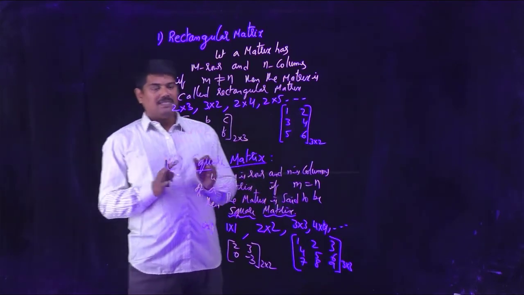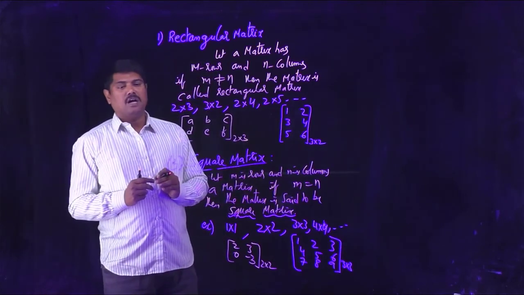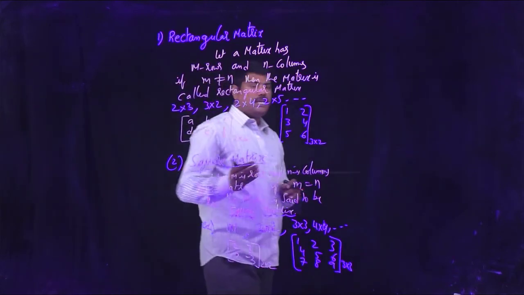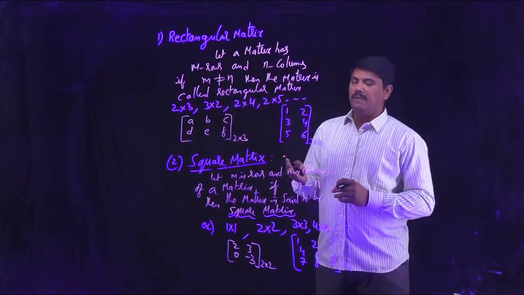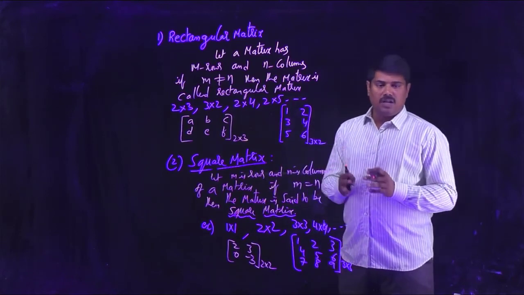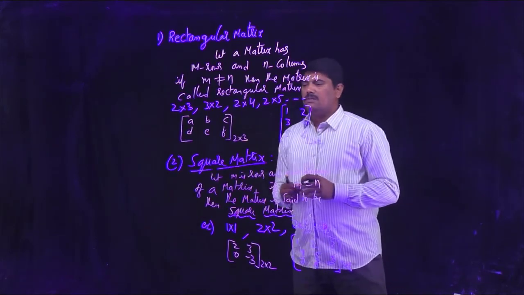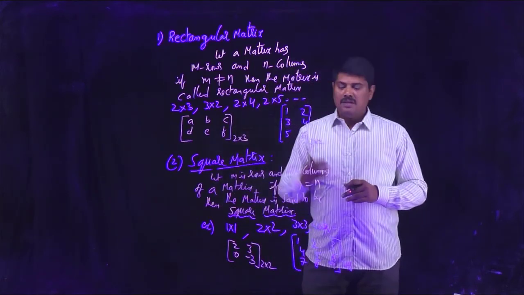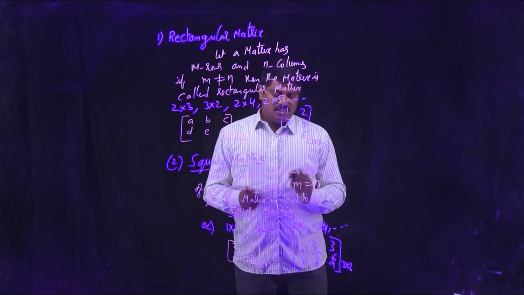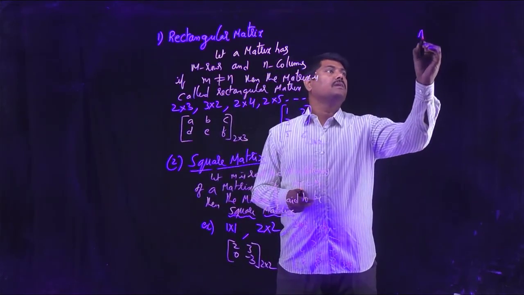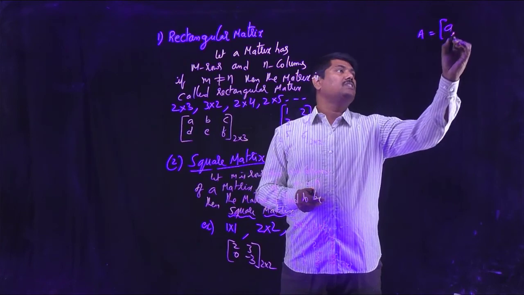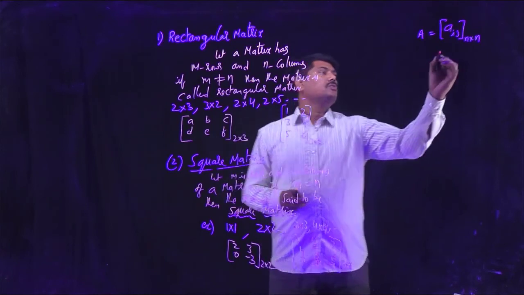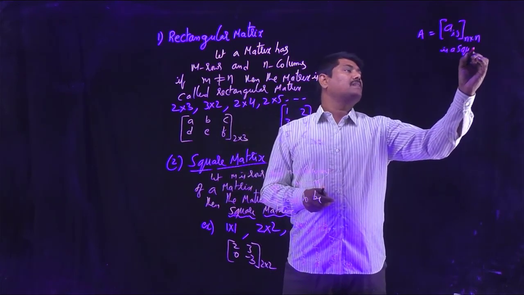A square matrix indicates the number of rows is equal to the number of columns. The classification of rectangular and square matrices both depend upon the order of the matrix. You can indicate a square matrix like this: A equals [aij] n by n, a square matrix of order n.